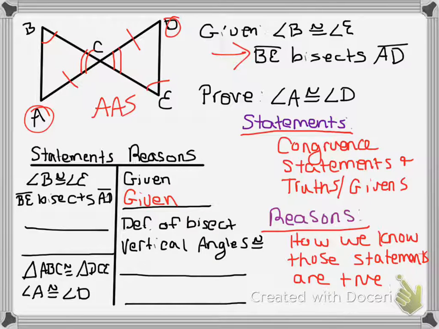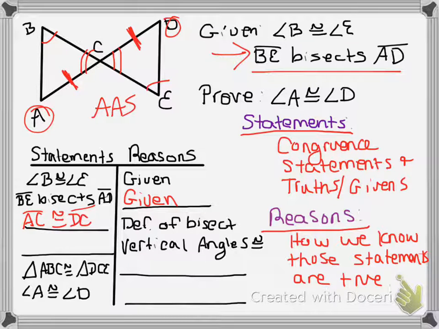Well, I used the definition of bisect with my given, and so I was able to figure out that AC was congruent to CD, so that must be my statement. That's what I figured out from using the definition of the word bisect, so that has to be it. So AC is congruent to DC.